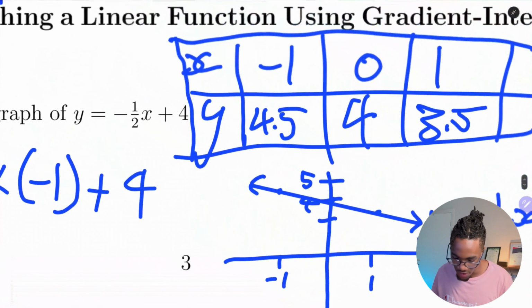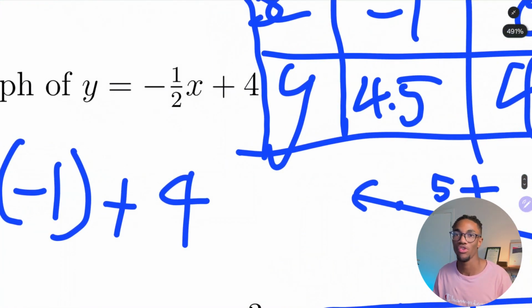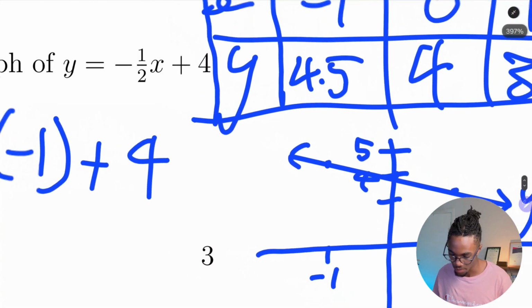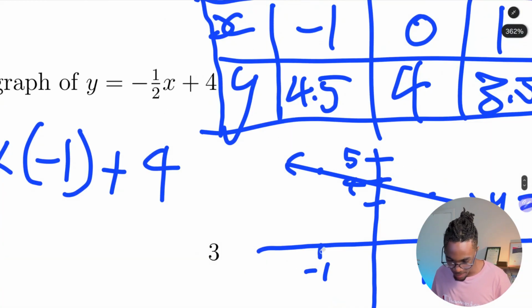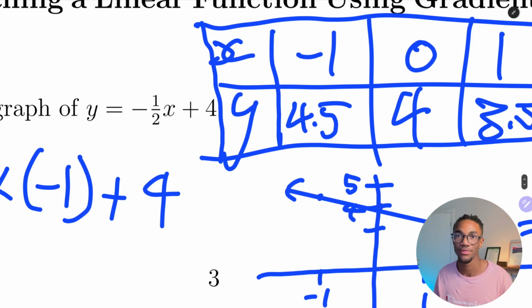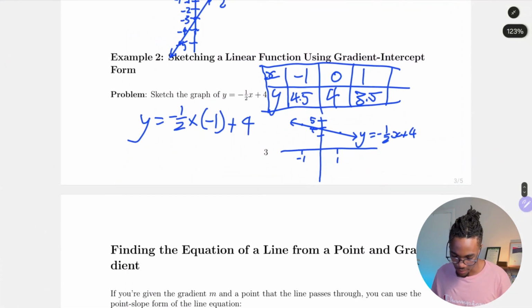You'll also notice that this gradient is just showing how much it goes up or down by each time. So every time we go up by 1, this decreases by half, as we can see here. Easy.